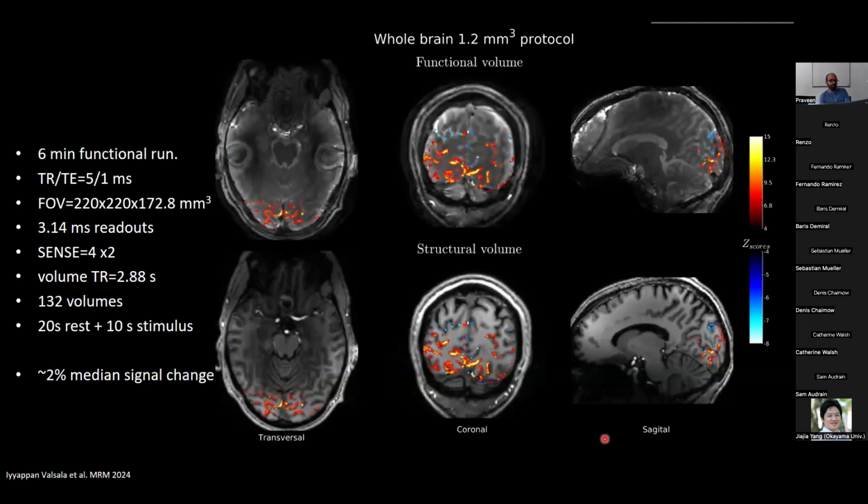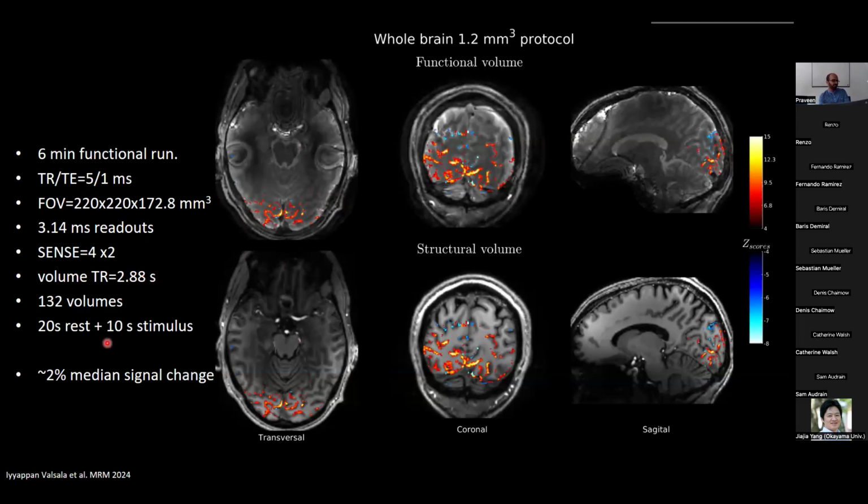And we also tried a whole brain protocol, but with a lower repetition time of 5 milliseconds. So the acquisition is slightly slower than the 10 millisecond readout. But we can accelerate both in plane and through slice. So we have a parallel imaging factor of 8, which reduces the volume TR to 2.88 seconds.